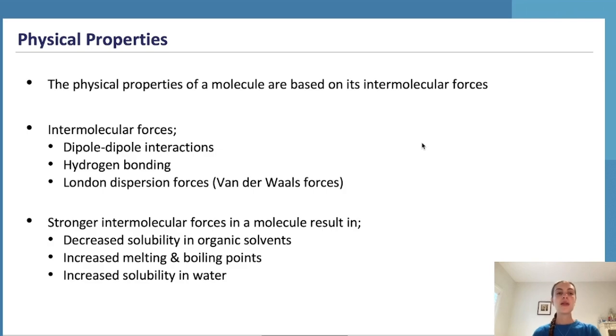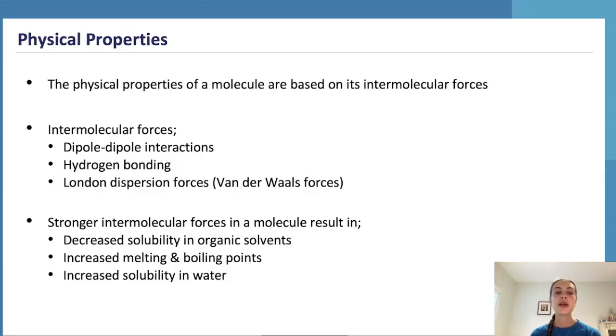So that covers all of our functional groups. So now we're going to go into the physical properties of molecules. So these physical properties are going to depend on the functional groups which the molecule has, and this is due to intermolecular forces.